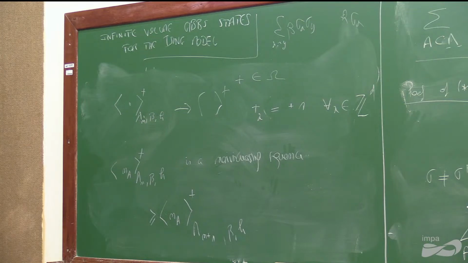What this is exactly is the FKG inequality. So in fact, we are going to see two correlation inequalities. One is FKG, and the other is GKS. Basically, FKG helps you with this kind of monotonicity. GKS gives you monotonicity not for NA, but for sigma A, so it will also be helpful.